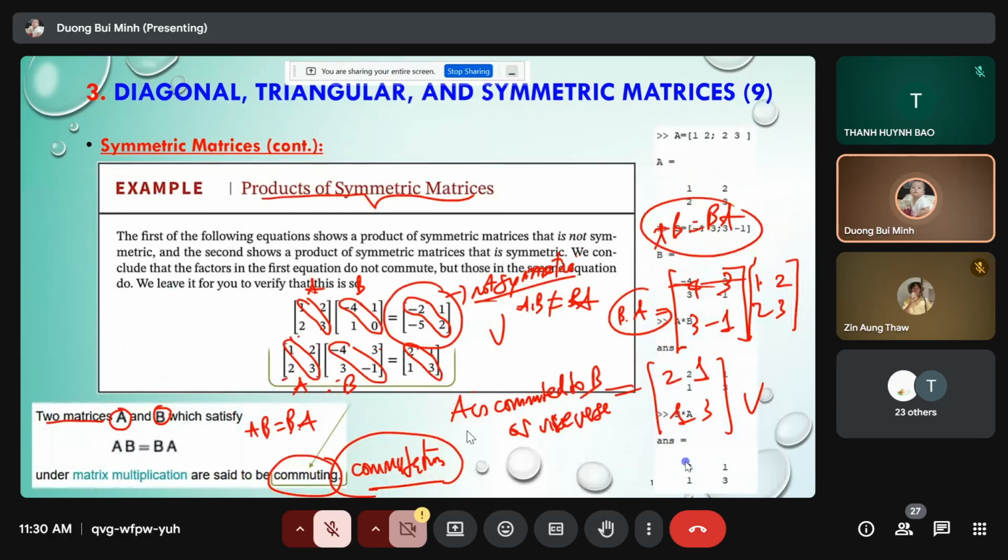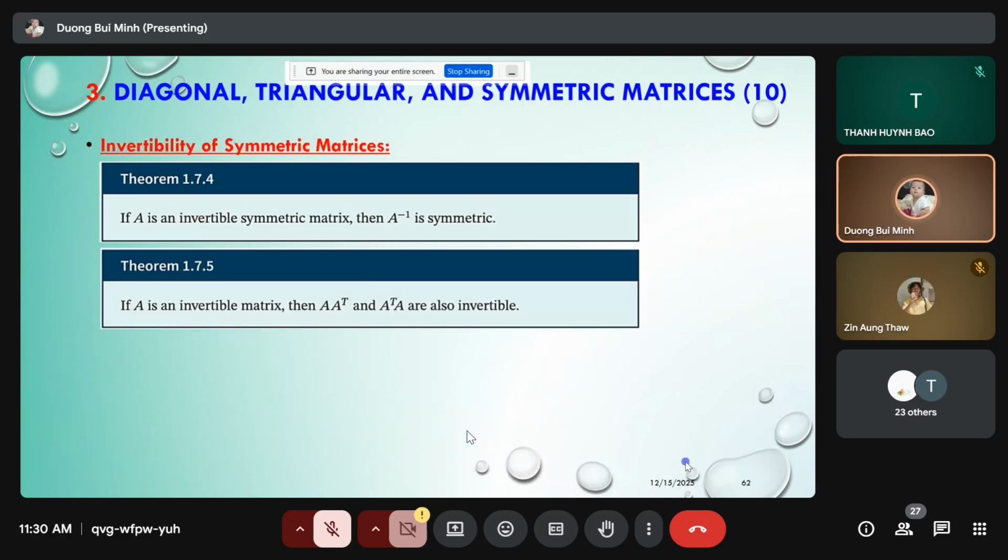Okay. So if A is an invertible symmetric matrix, then the inverse of A is symmetric. If A is an invertible matrix, then A times transpose of A and transpose of A times A are invertible.